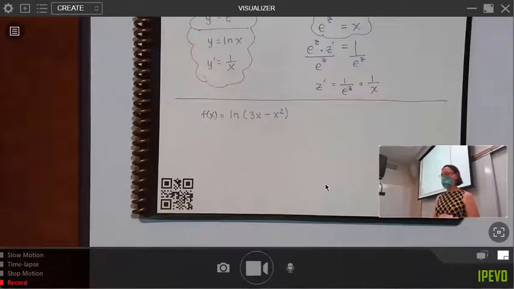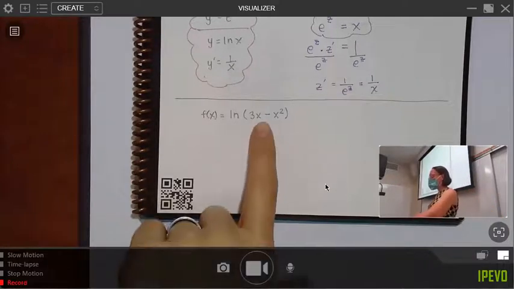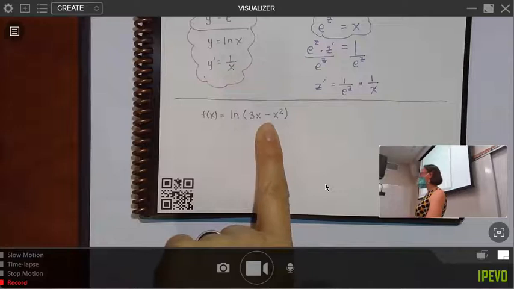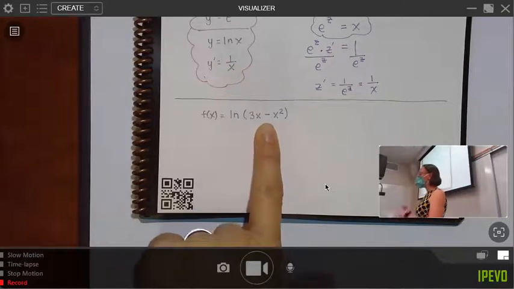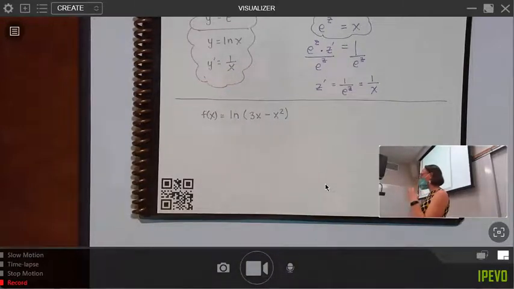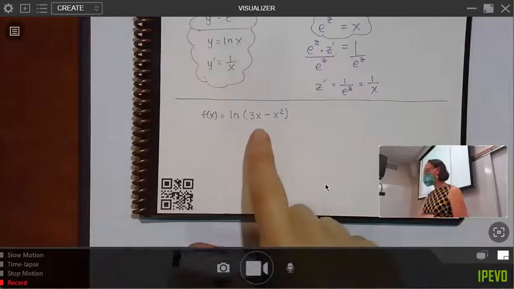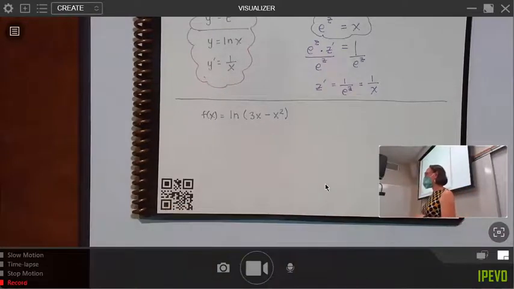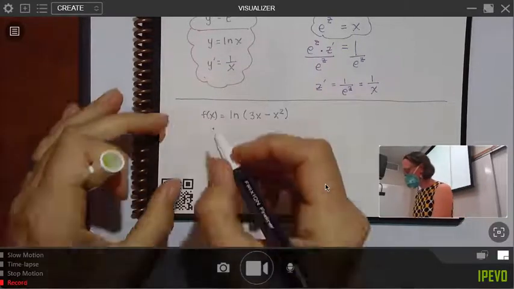Unfortunately, here, the answer to that question is no. If I had multiplication or division inside of the log, that we can break apart. I can't break apart addition or subtraction. So we're stuck. There isn't a log rule that's going to help us. We just have to go straight into the derivative.